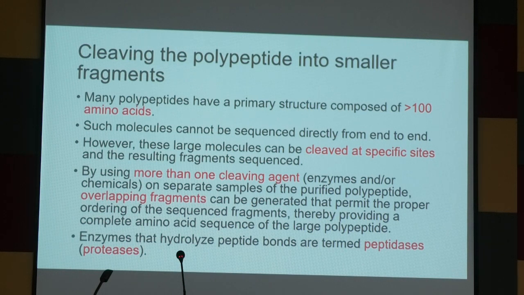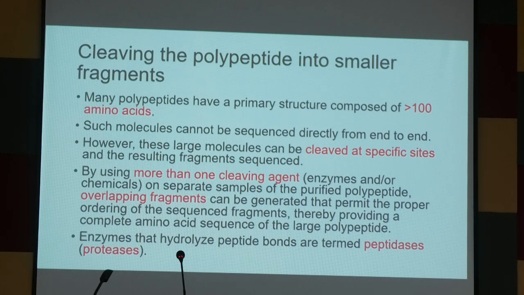Suppose a polypeptide chain has 150 amino acids and we are using enzyme A. We know that this enzyme cuts the polypeptide chain when it sees the amino acid alanine or glutamic acid. So this enzyme will cut the polypeptide chain only at the part where it sees a glutamic acid or valine.